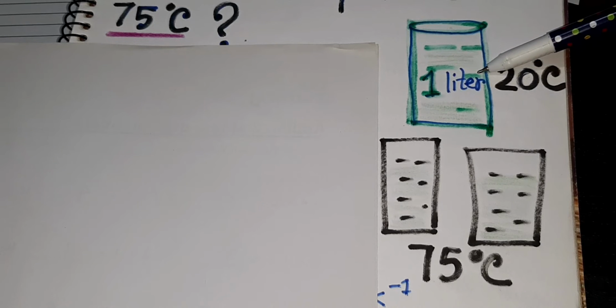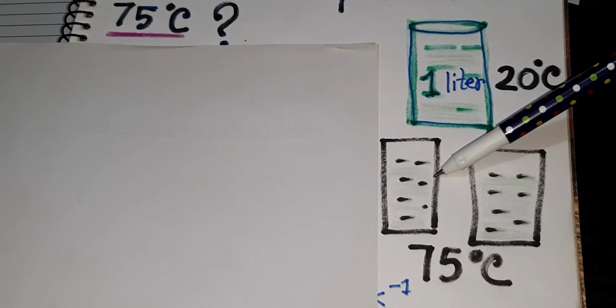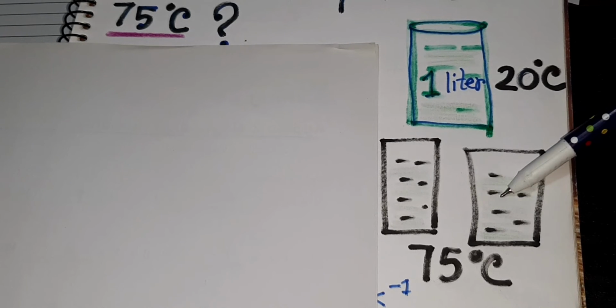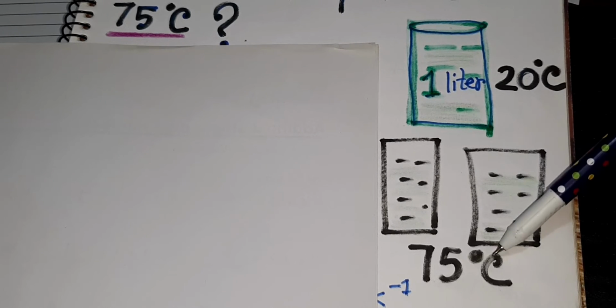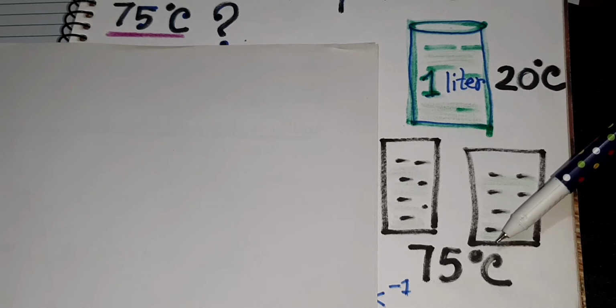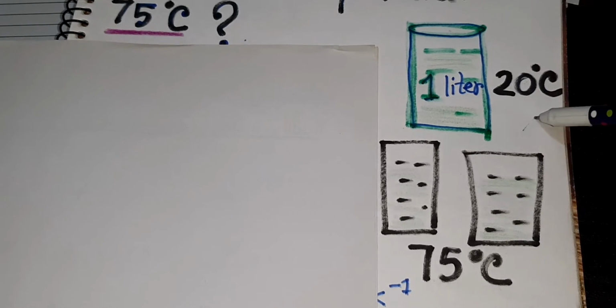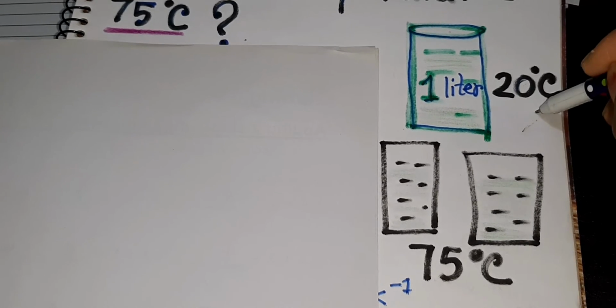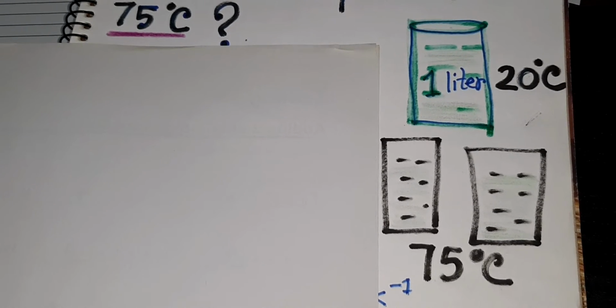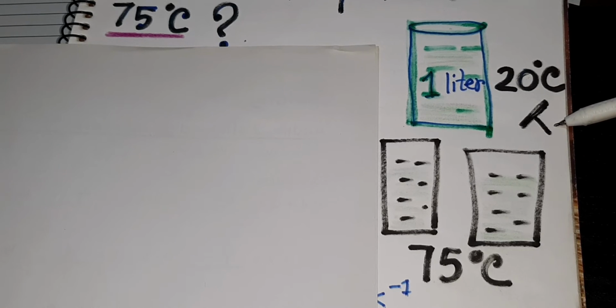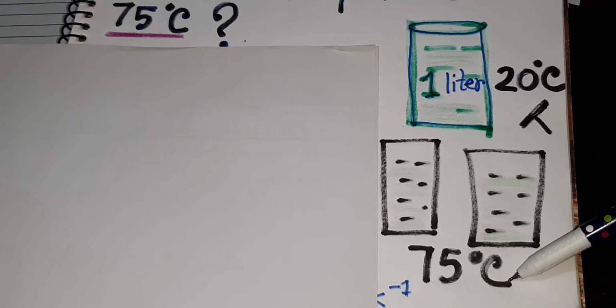So guys, here is 1 liter of water at temperature 20 degrees Celsius, and 2 liters, 1 liter and 1 liter, at temperature 75 degrees Celsius. Let us consider the final temperature to be T. The temperature of the 2 liters of water reaches T by decreasing from 75 degrees Celsius.